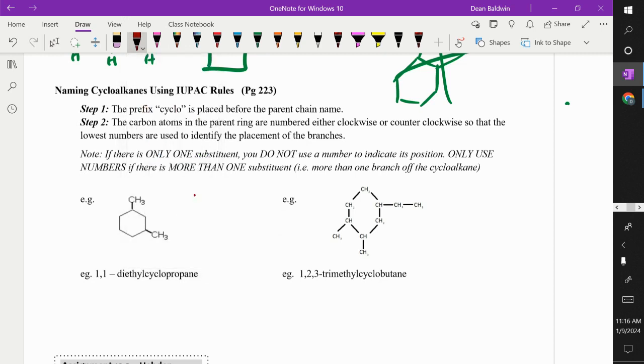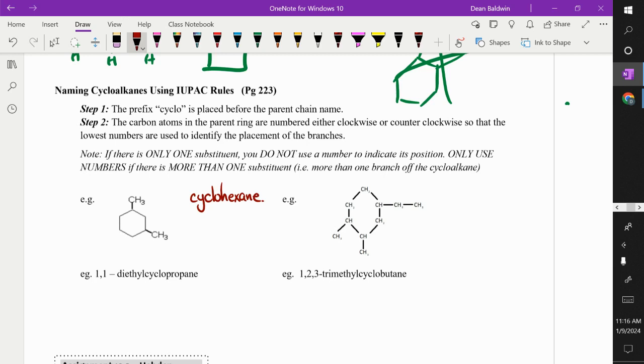So we're going to get, then you start numbering. All right. You can go counterclockwise or clockwise. You always want the lowest numbers possible. So start with where there is the substituted group.